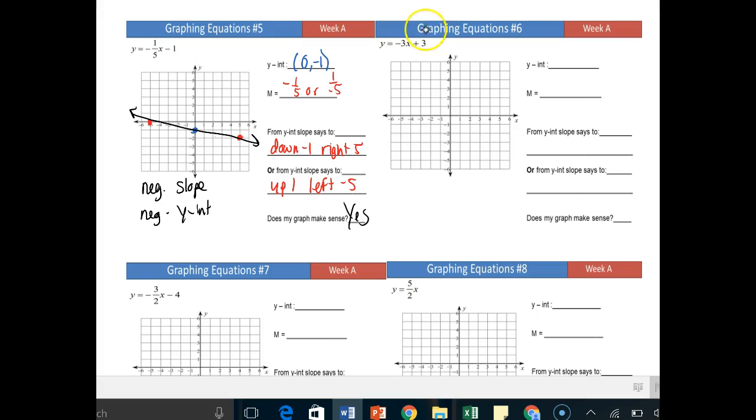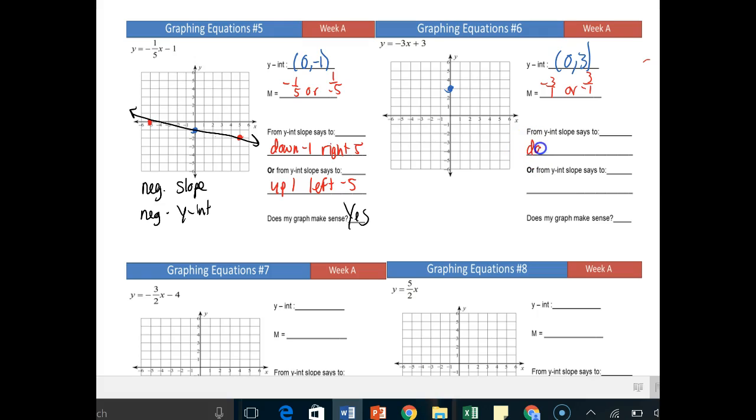Right? My y-intercept for number 6 here is 0, 3, so immediately start at a +3. My slope is -3 over 1 or +3 over -1. So what does that mean?